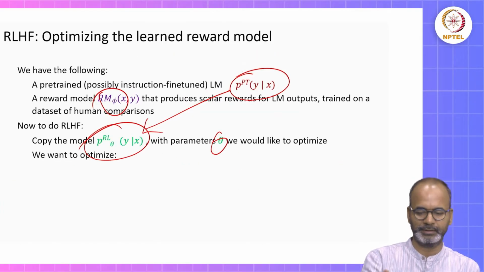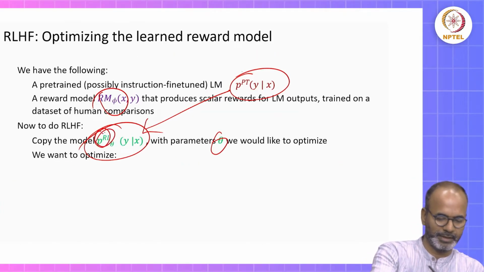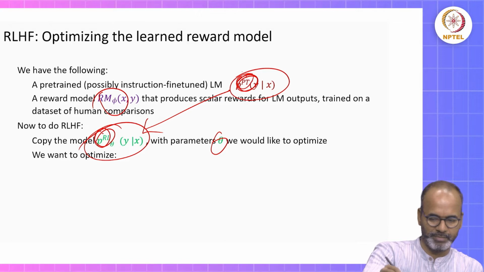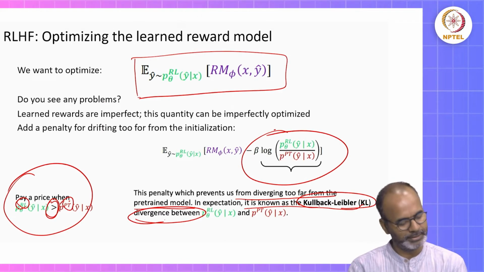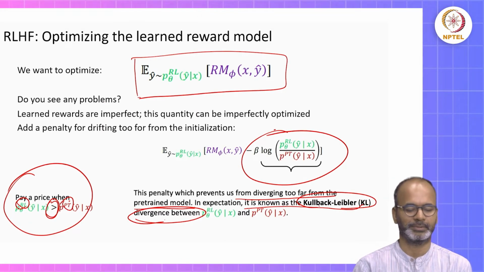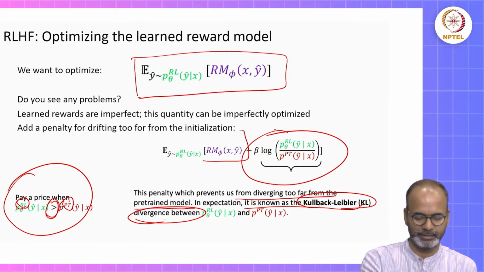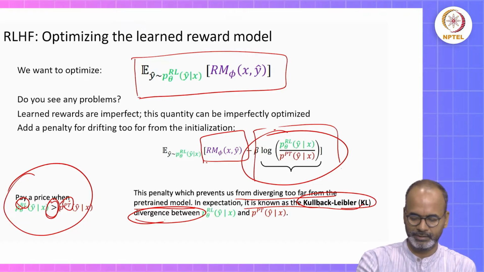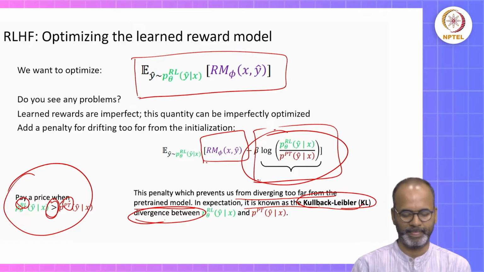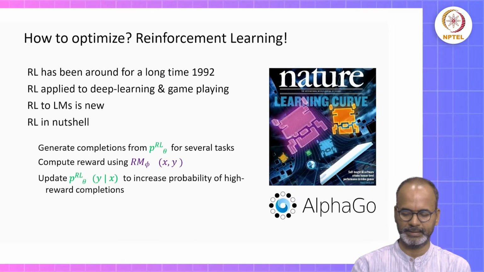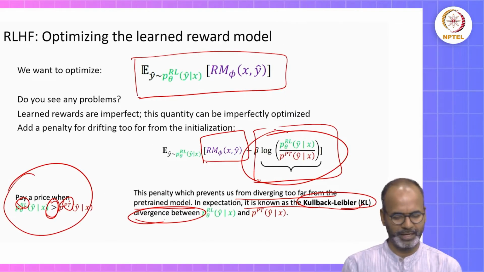So what is RL? We saw here the RLHF model, and here is the pre-trained model. So we get the reward and the penalty, and we are able to calculate and optimize this. Again, I hope it helps to understand.